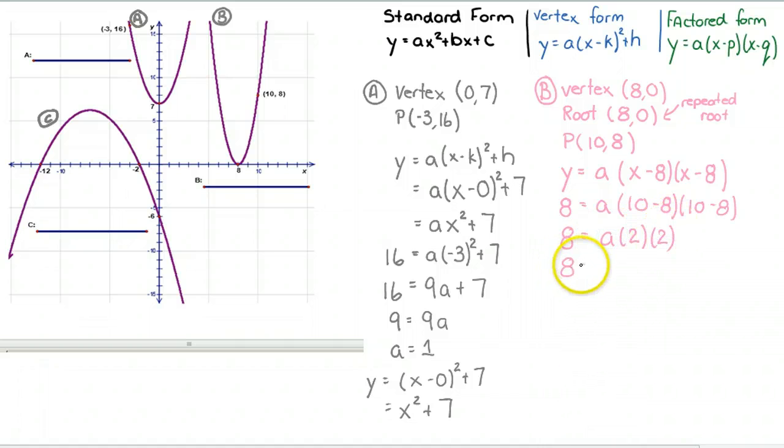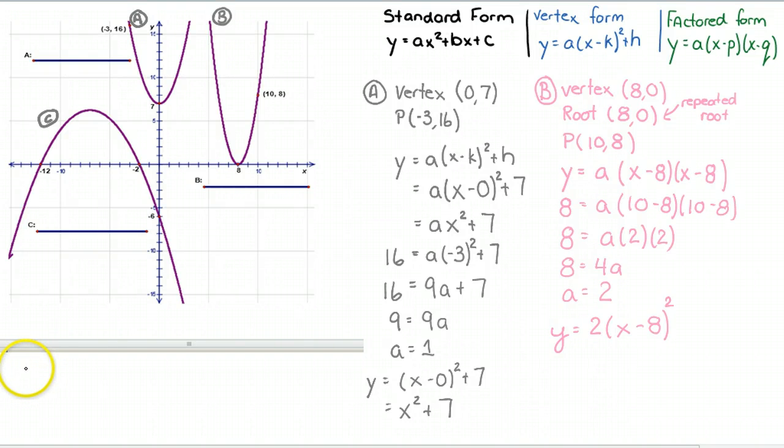So 8 is equal to 4a, and a is equal to 2. And I feel really good about this. So y is 2 times x minus 8, and since it's x minus 8 times x minus 8, I can say x minus 8 squared. I actually feel really good about this, and the reason is because this a value is positive, and I can see that this quadratic relationship opens up.